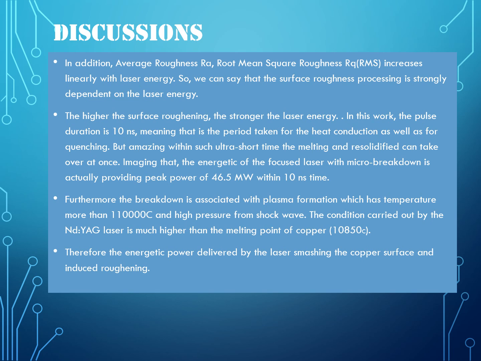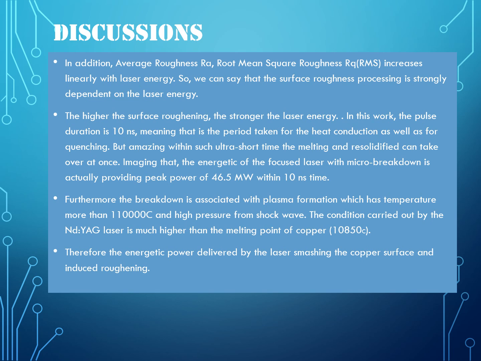Imagine that the energy of the focused laser, with micro breakdown, is actually providing peak power of 46.5 megawatt within a 10 nanosecond time. Furthermore, the breakdown is associated with plasma formation, which has a temperature of more than 100,000 Celsius and high pressure from the shockwave.